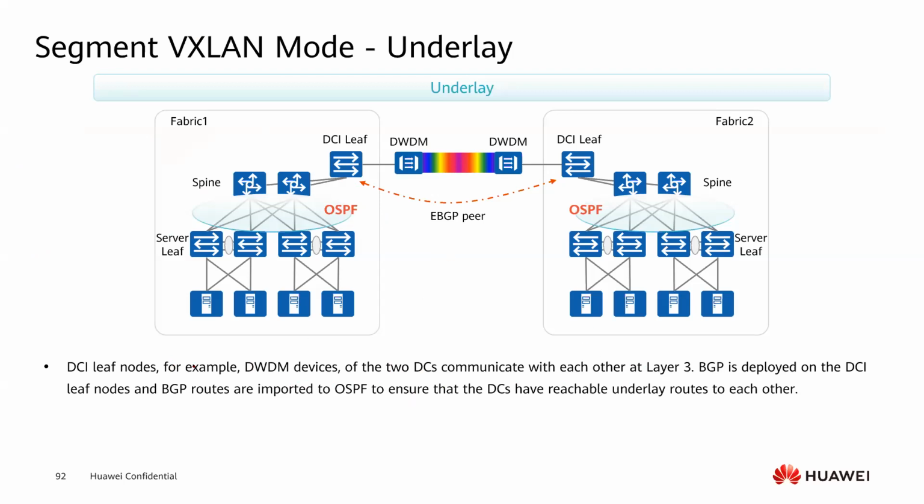You can use DWDM, which means the optical transmission device, or you can use MPLS VPN, or you can use SD-WAN. It doesn't matter. It depends on you. You can choose different methods. And BGP is deployed on the DCI leaf node, and the BGP routes are imported into OSPF to ensure that the DCs have reachability to each other.